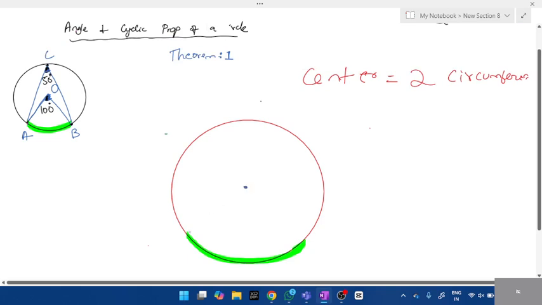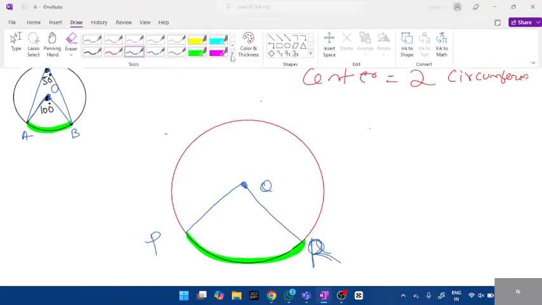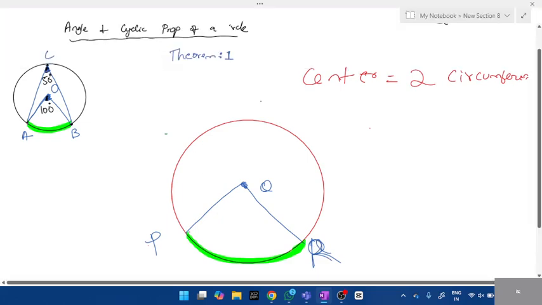Center. They have to mention the center here. Center is this. And on the same arc, it touches like this.